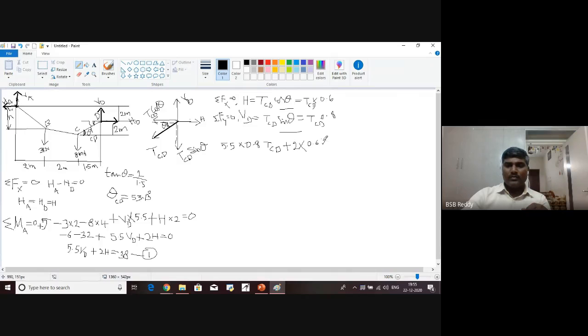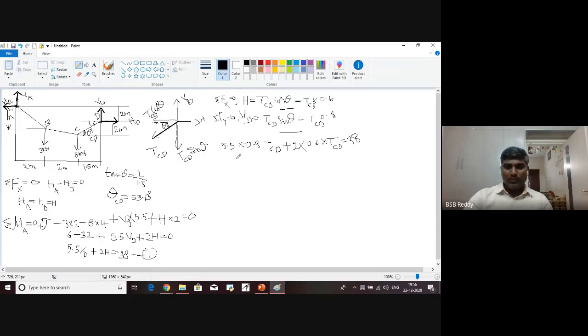Okay. You do it parallelly along with me if you have not done earlier, or else whatever you have done, you now cross check with my calculations. Shall be equal to 38. Okay. Right. So in both the terms TCD is common and it is the unknown. What is 5.5 into 0.8? 4.4.